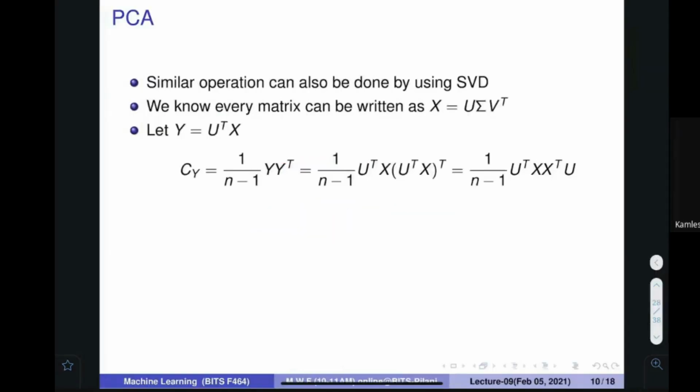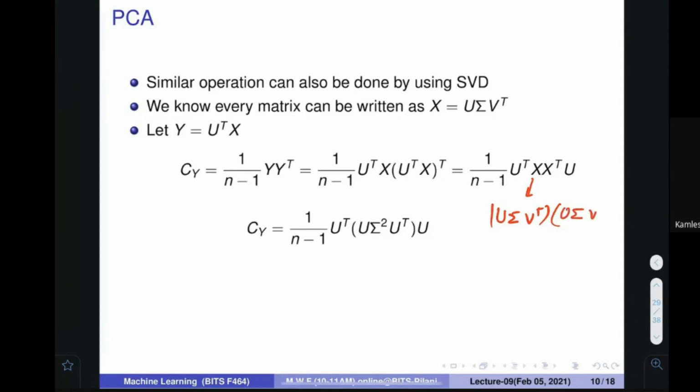Here, X transpose is there, and U transpose is there. You know that X is equal to U sigma V transpose, and X transpose is V sigma U transpose. So it becomes V sigma U transpose sigma U, and this is coming from here.